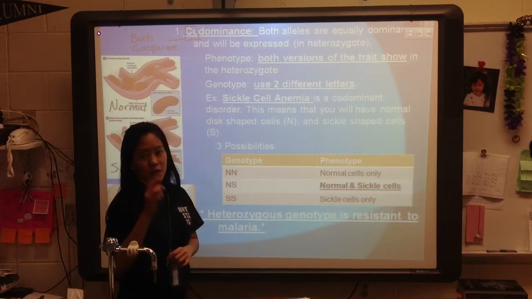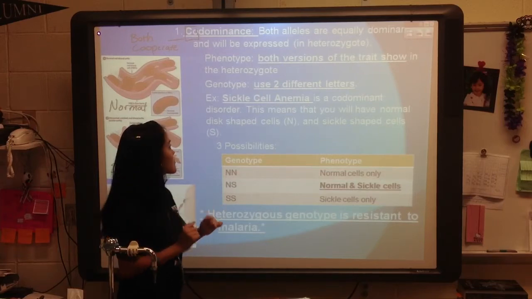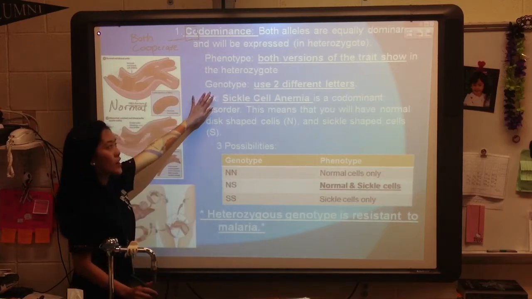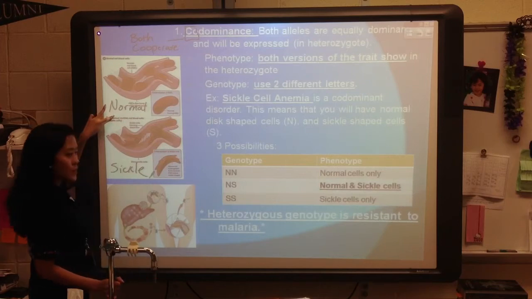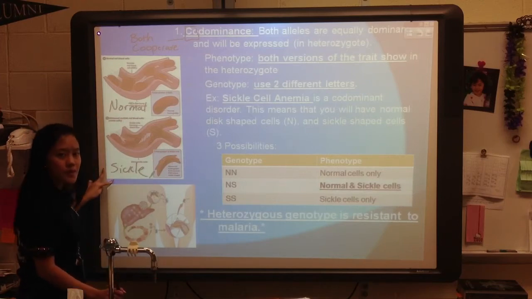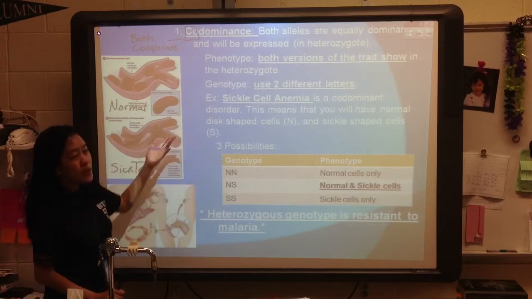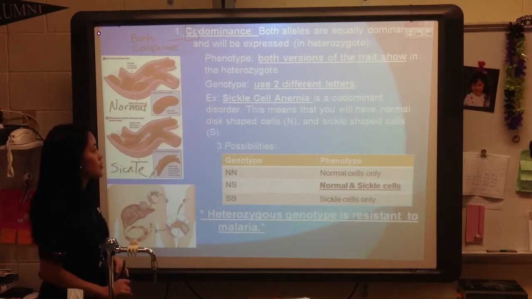Well, remember that's when you have two different alleles. Your genotype, you're actually going to use two different letters here. So you can use like an A and a B, but since we're talking about normal red blood cells and sickle red blood cells, we'll use an N and an S. But really you could use any two letters.